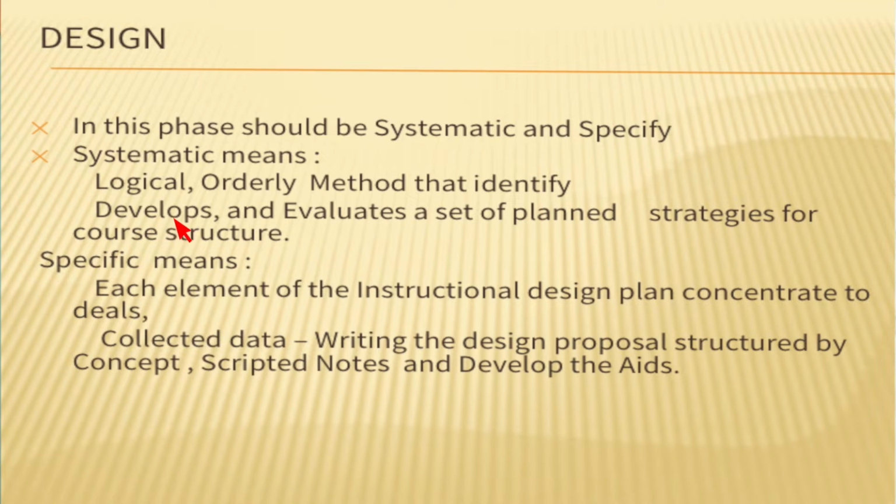That may be developed, and each and everything must be evaluated as a set of planned strategies for the entire course structure. Specify means each element of the instructions, designs, plan and concrete to deal with the subject.